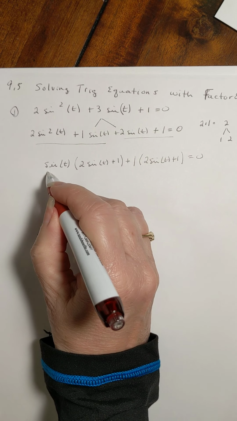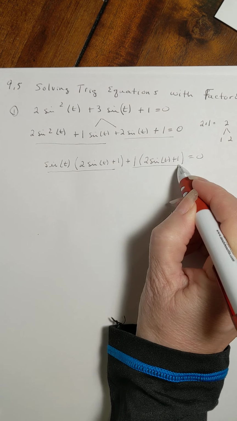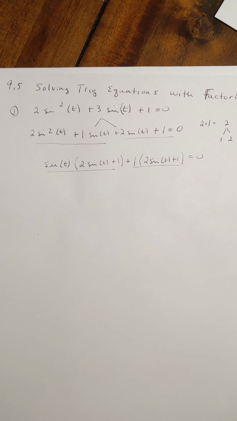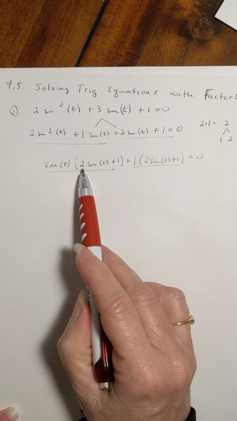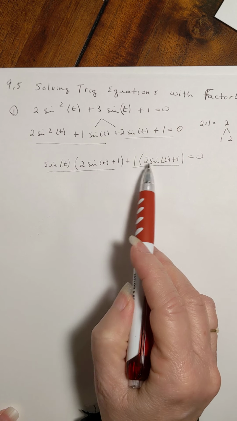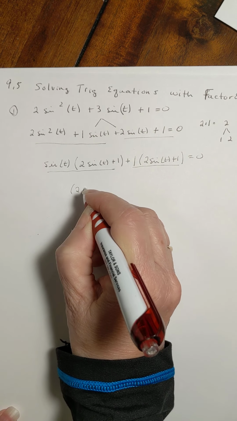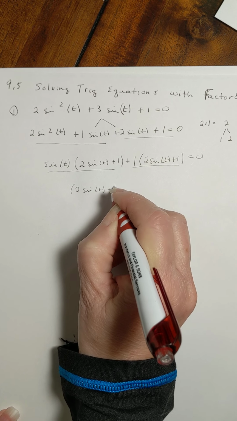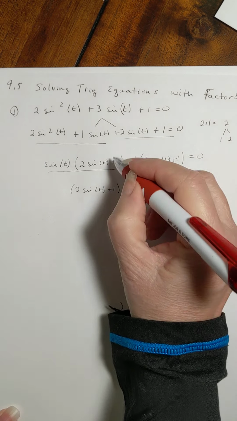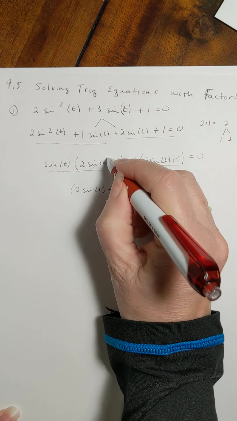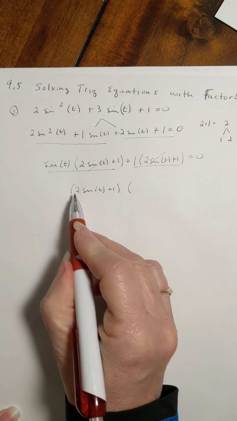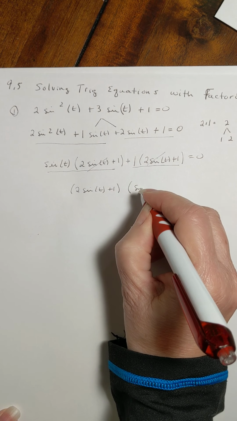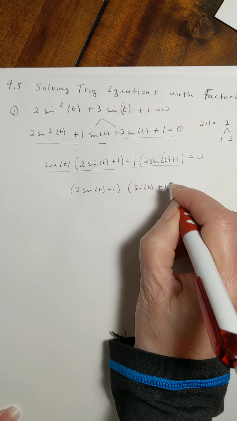Now notice I have 2 terms, and it helps sometimes if you underline them. What's common to those 2 terms? They both have 2 sine of t plus 1 in them. So I'm going to factor out the 2 sine of t plus 1, and if I divide this into this and this into this, just like I did with the sine of t here, I'll be left with sine of t plus 1.